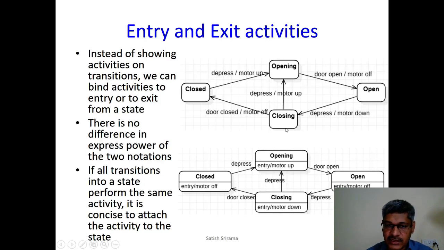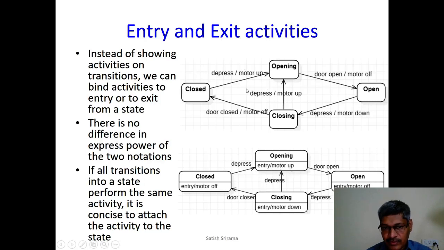So from the closed state to the opening state, or the closing state to the opening state, the activity is the same, isn't it? The motor is the activity which is happening. Now the point is, if there are multiple transitions, you have to put the activity for each and every transition. Rather, you best put that activity on that particular state as an entry activity.